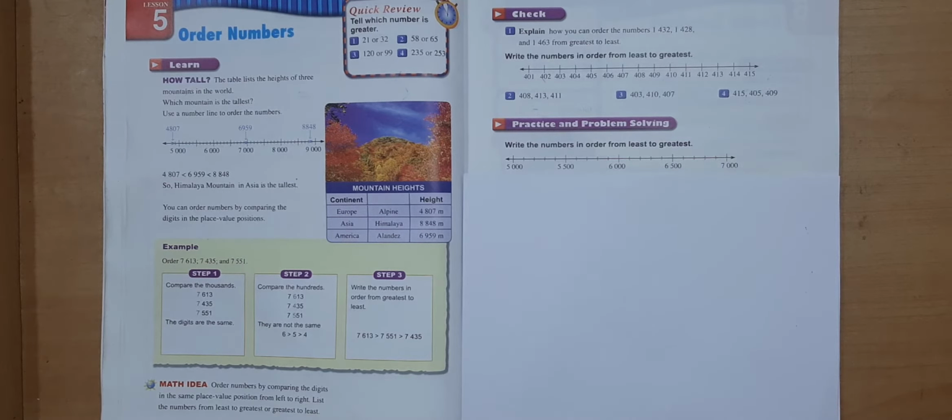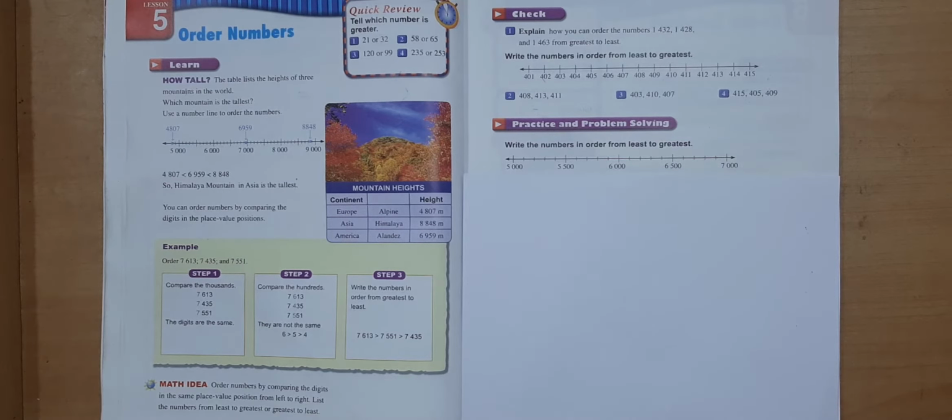Okay, now, the first digit in the hundred spot is equal. It's 4. So we're going to look at the 10 spot. In here we have 0 tens. And in here we have 0 tens again. And in here we have 1 in the tens place. So this one is the greatest. Let's find out which number is the least between these two numbers.